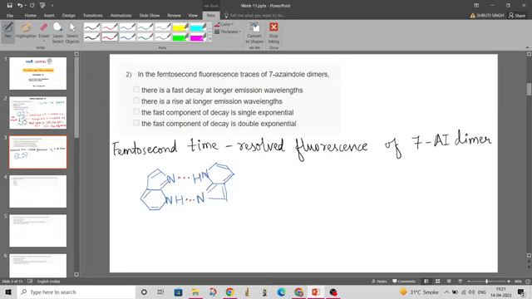So this H is transferred to here and this H is transferred to here. So we have now the bonding changes, and in the 5-membered ring we get covalent bonding, and in the 6-membered ring we get hydrogen bonding.